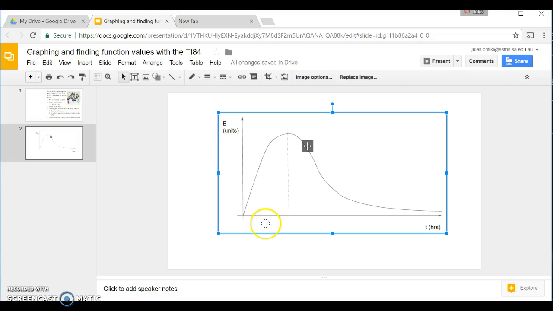So the main things to remember are that you need to label your vertical and horizontal axes, which I've done. So this is the drug effect, E, in units, and this is the time in hours. This was the shape of the function. There is a maximum there that we'll find where that occurs in a moment.